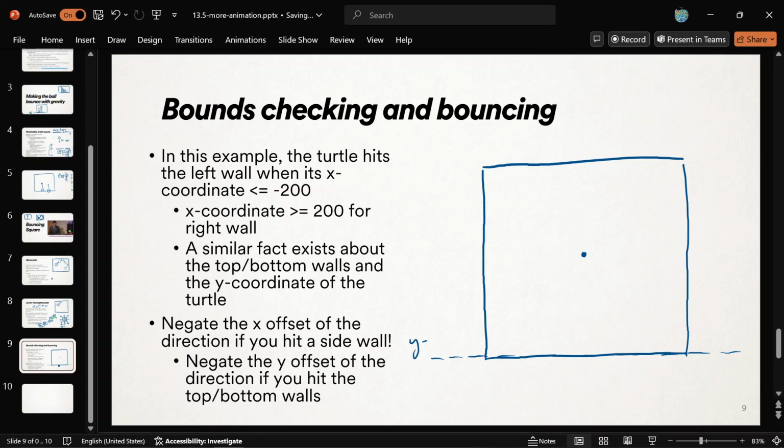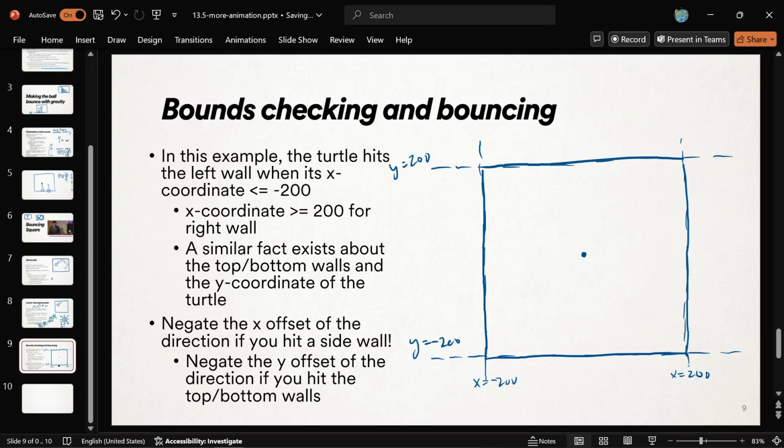This is y equals negative 200, and this would be y equals positive 200. Just cutting it in half. And then the x's would be similar. This mark right here would be x equals negative 200, and this would be x equals positive 200. So we'll use those in our calculations.